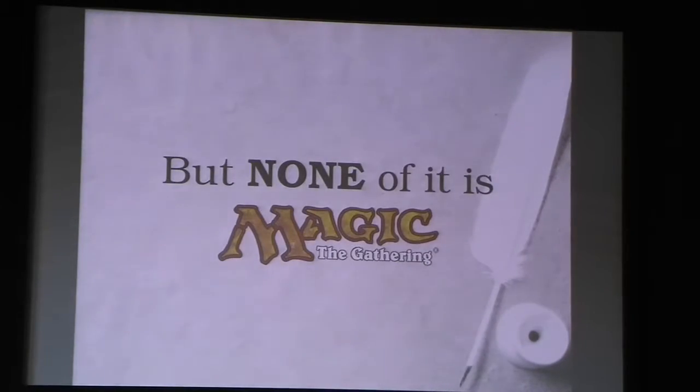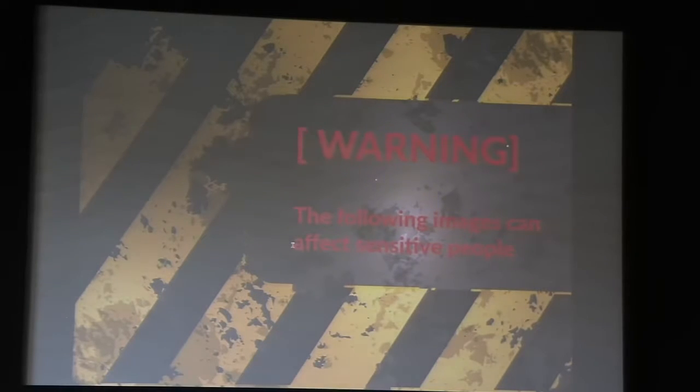The thing is, we have weak references that we can use to let the garbage collector not hold our objects. We also have finalization to close external references and external resources, but sometimes it doesn't work. It's not magic. So, I put this: the following images can affect sensitive people.